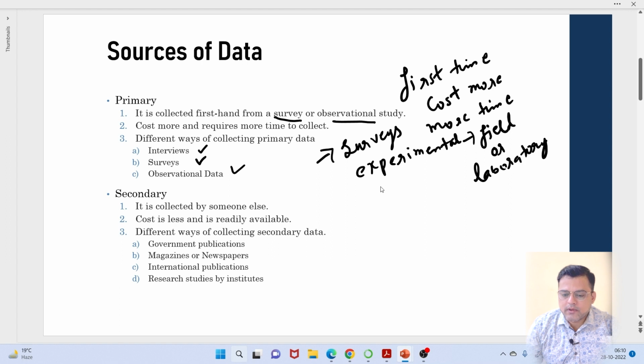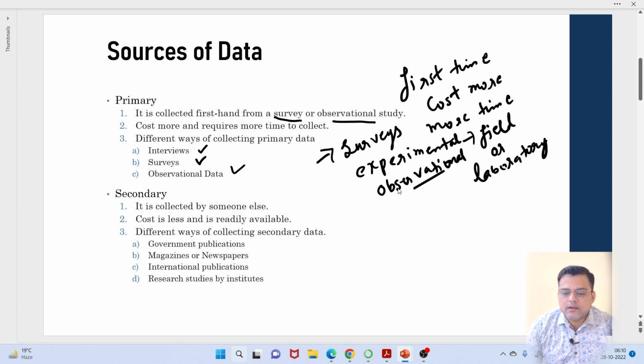And then the third one is observational data. In the case of observational data, it is basically used in medical situations where the researcher simply observes the effect of the medicine on the patient and records the information about the respondent.